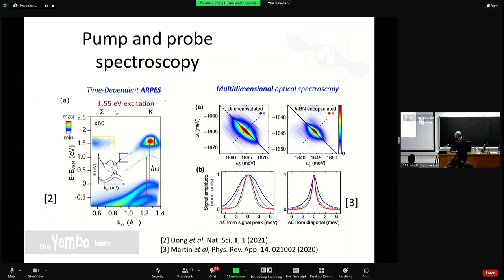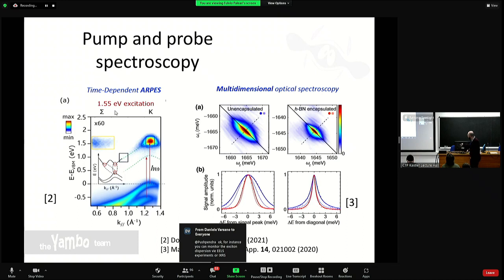Instead, to the right, we have another very interesting, although very complicated type of experiment. This is called multidimensional optical spectroscopy. And for example, it is very useful to measure the broadening of the exciton peaks. In a general experimental sample, you have many imperfections over the spatial distribution of the sample. So it's not a perfect crystal, you have defects, you have distortions and whatever.